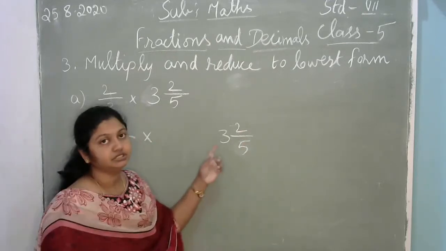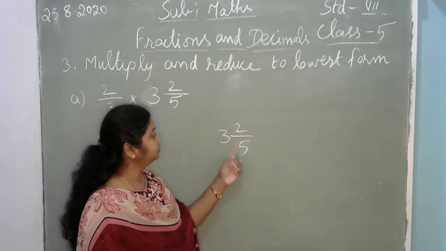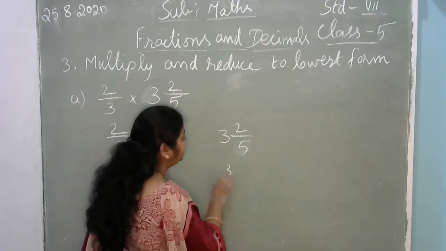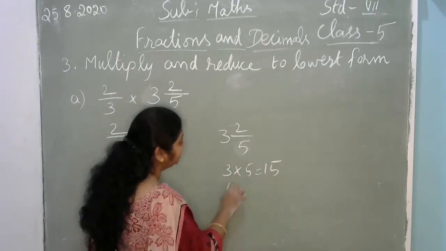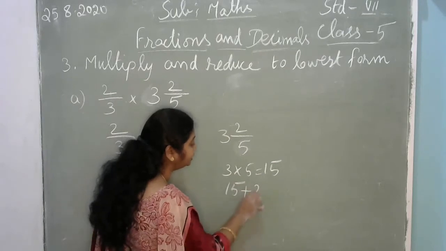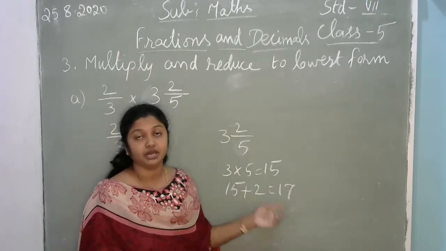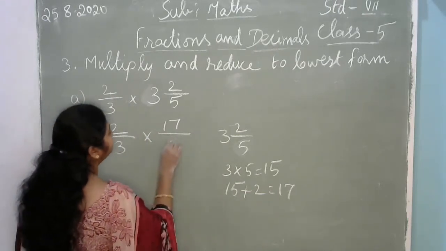How do you change this into an improper fraction? I already taught you, these two numbers, this whole number and the denominator, you should multiply. So 3 into 5, you get the answer 15. And with the 15 you should add 2. So 17 is your final answer. This 17 you have to keep as the numerator. So 17 divided by 5.